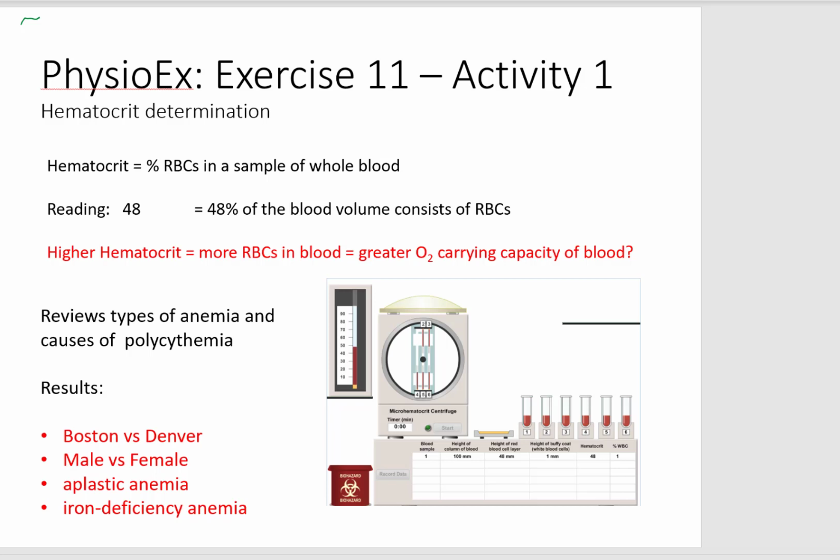Then why do you think it was important that we looked at people living in Boston versus Denver? Any thoughts? Perhaps environmental differences. Well, that's true. Elevation. So yes, environmental differences, specifically altitude. If you live at higher elevation, there's less oxygen in the atmosphere.